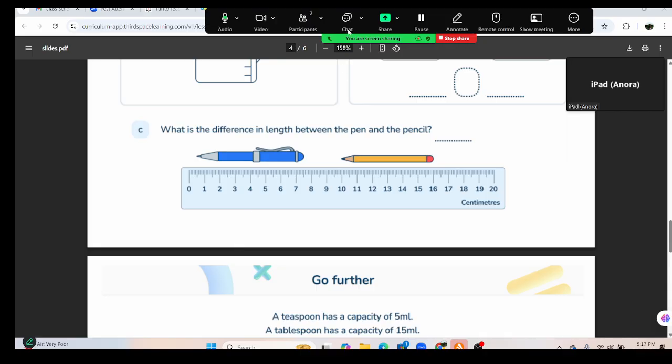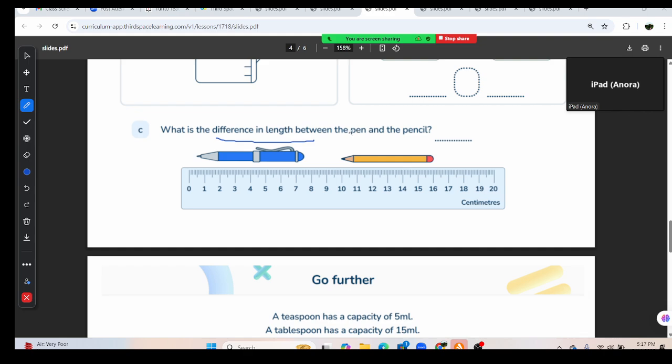Can you tell me what is the difference in length between the pen and the pencil? Here, one, two, three, four, five, 6.